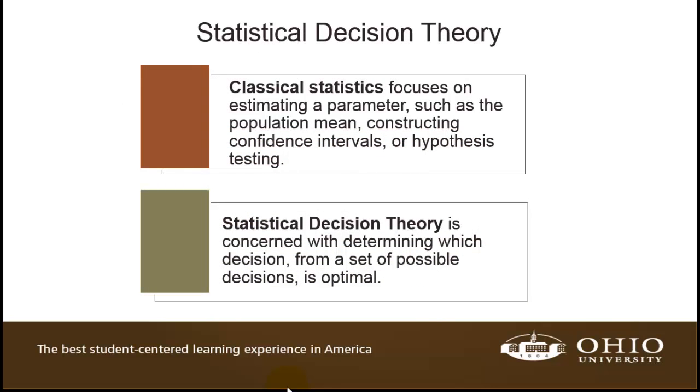The difference between statistical decision theory and classical statistics is that in classical statistics, which we've already looked at, we talked about estimating parameters or doing hypothesis testing. In statistical decision theory, what we want to do is choose from among a set of all possible decisions the best or optimal decision.